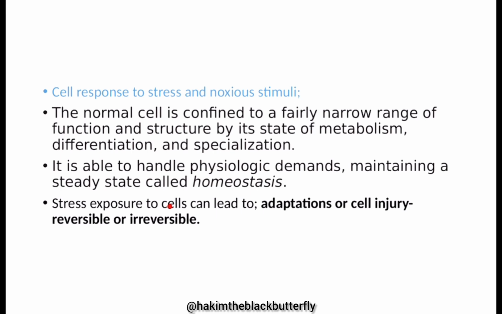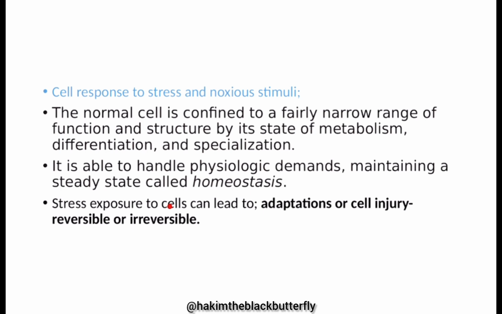But then there is a time when the normal regulatory mechanism, the homeostatic environment, gets overpowered, and your cells have to either adapt to that environment or they die. Generally, the response of your cells to an injurious stimulus can be an adaptation to that environment.